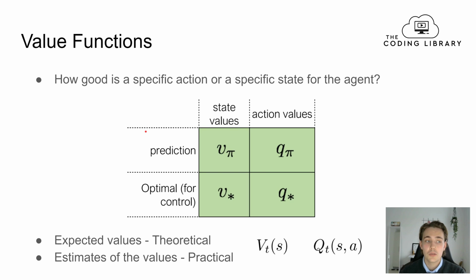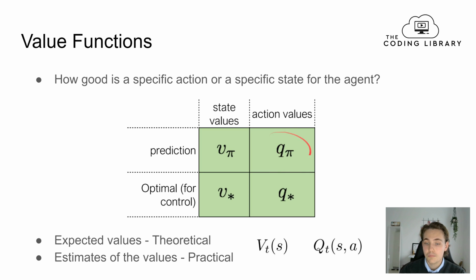Now we're going to talk about the value functions, which we're going to use as well. The value functions say something about how good a specific action or a specific state is for the agent. We can set up these four different kinds of value functions, where first of all we have the predictions for the state value. For a given state, we can calculate a value for that state, or we can also have an action value, which is the value for taking this action given a policy.